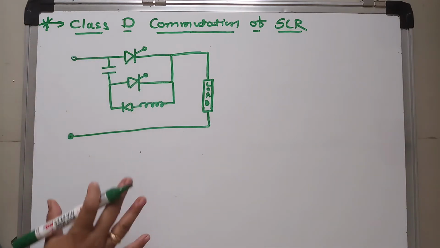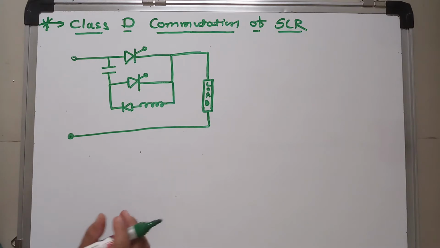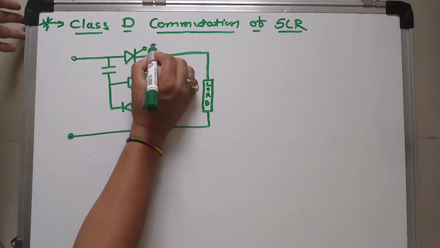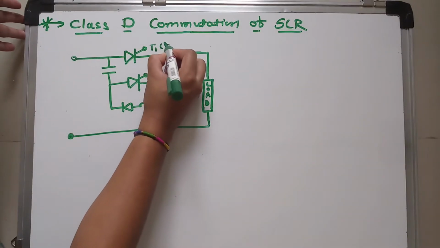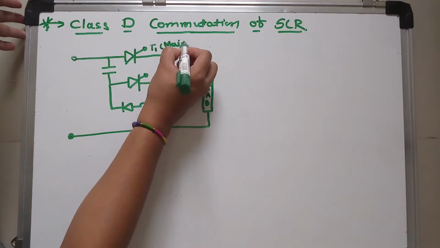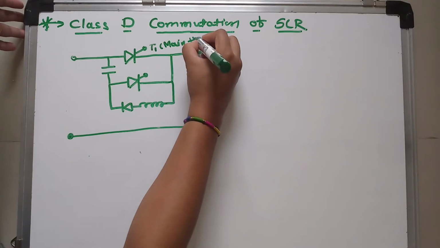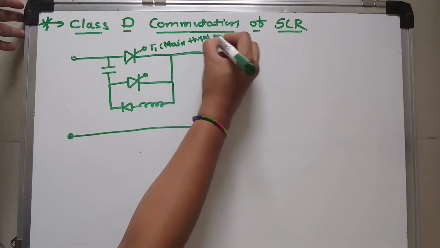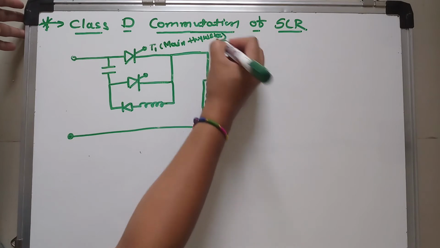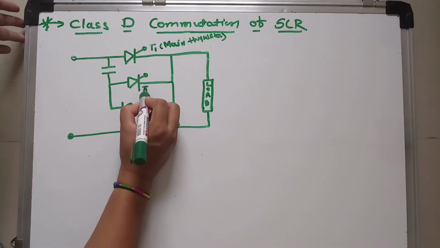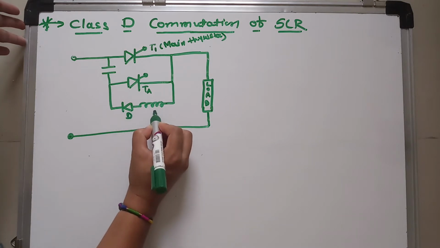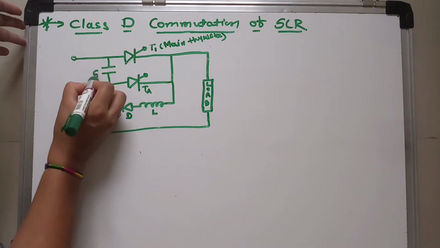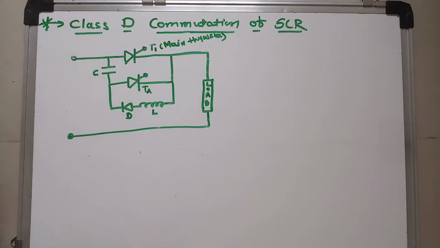This is the diagram for the Class D commutation, in which T1 is the main thyristor, then TA is the auxiliary thyristor, with a diode D, inductor L and capacitor C, and a load connected across the supply.